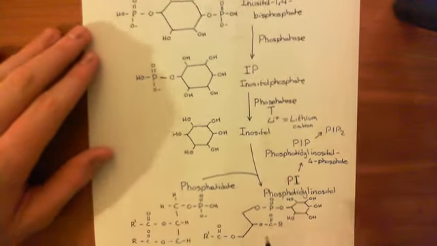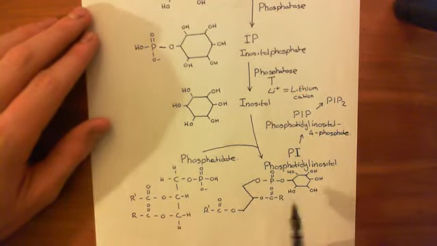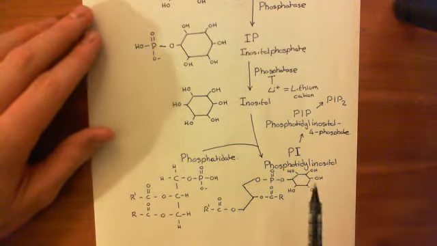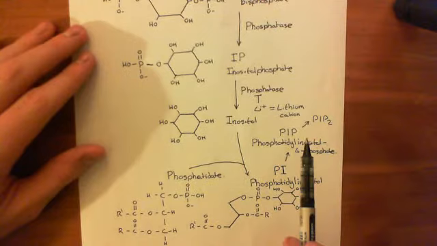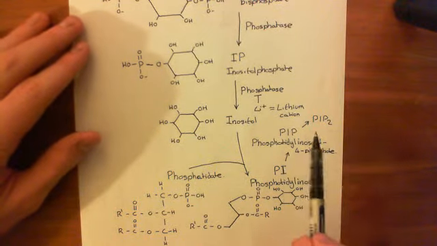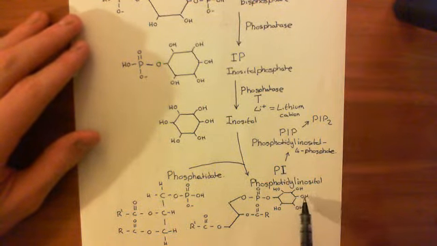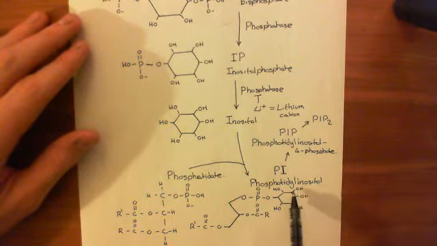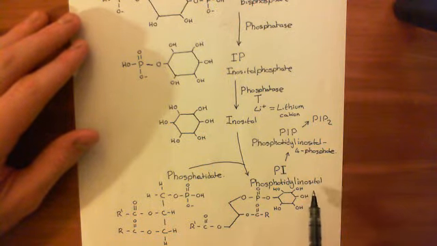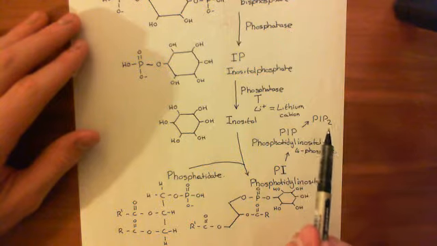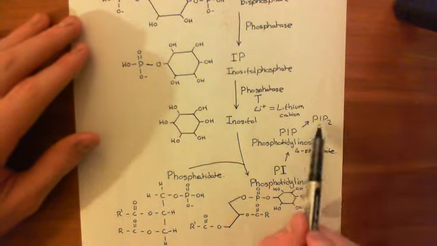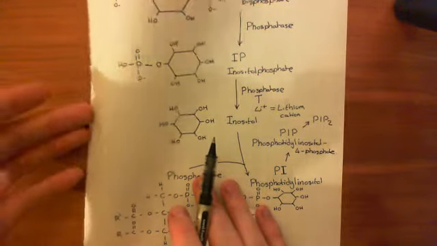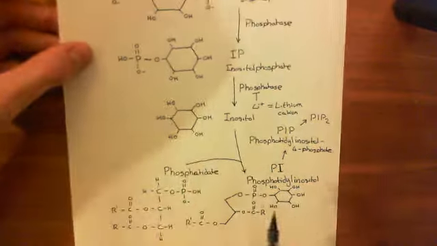You then combine inositol with phosphatidate to get phosphatidylinositol, and then you have to gradually phosphorylate the 4th carbon hydroxyl group and then the 5th carbon hydroxyl group of inositol to return it back to PIP2. And these phosphorylation steps are going to add phosphate groups onto this molecule.